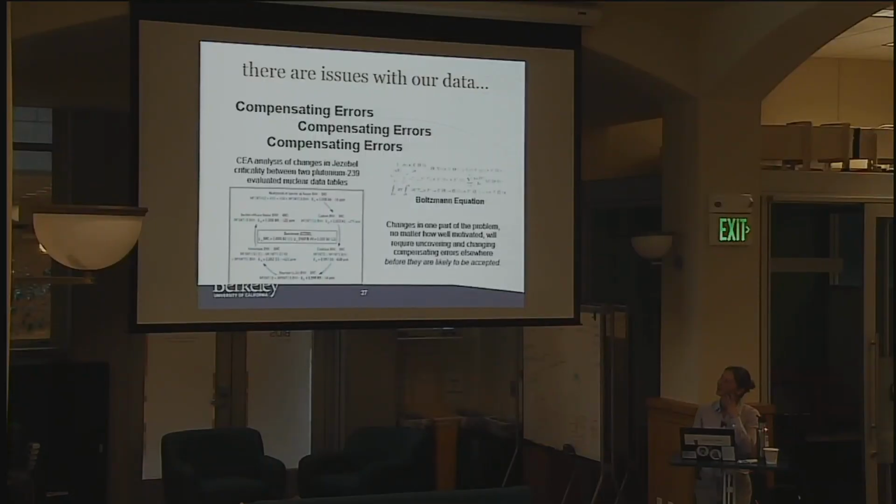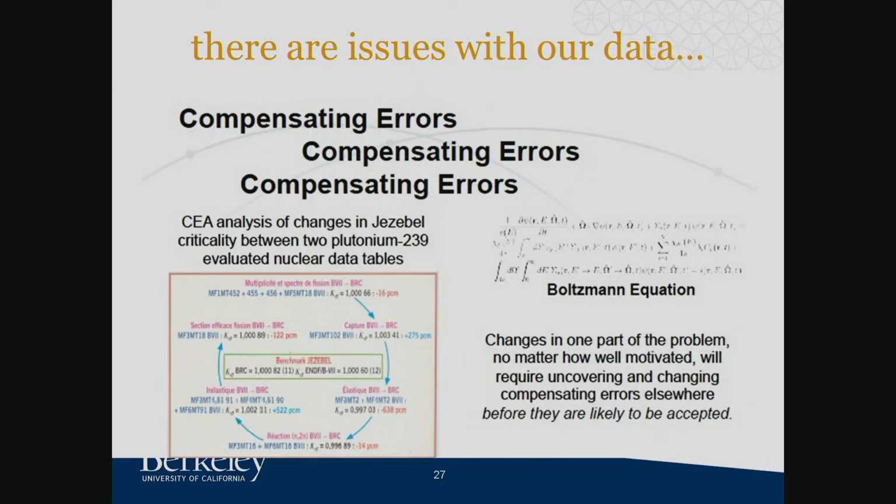This slide, it takes too long to explain at this point in the talk. But how we deal with the data being not quite right is we basically play with it until it gives us an answer that we know. So inside of like fission, there are a whole bunch of different components that make up the fission cross-section. And we know for really simple geometry what answer we need to get.